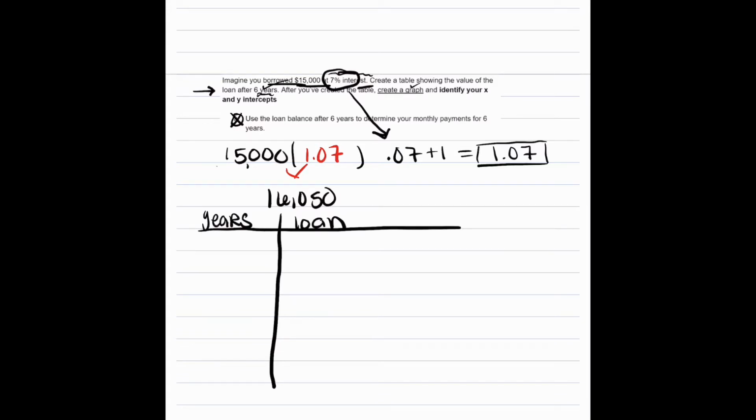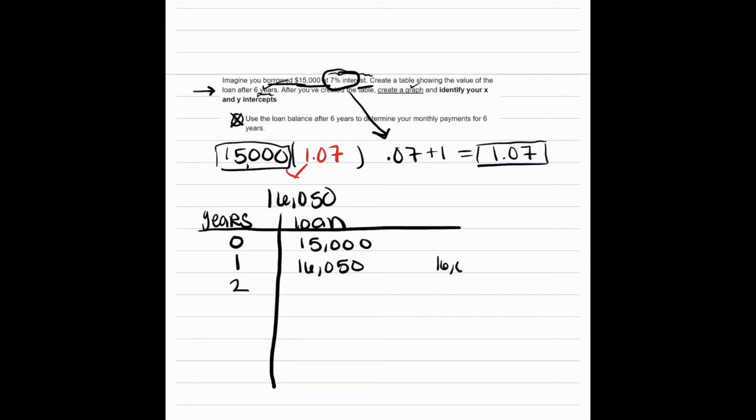So remember your initial value or your original loan, which ours was 15,000. That's technically year 0. And then our first year was after we multiplied our interest, so 16,050. And then to get our second year, we're going to multiply this 16,050 times our interest rate.